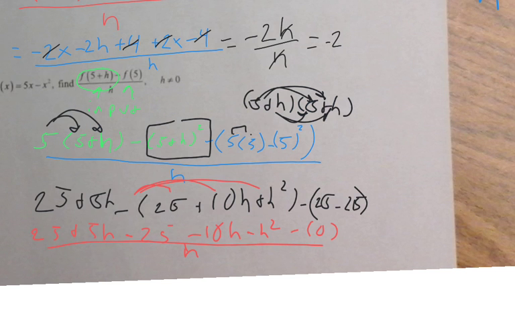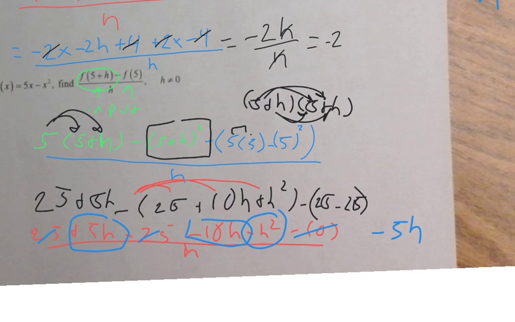So now we'll reduce. We have a 25 and a minus 25, that's 0, so that cancels. We have a positive 5h and a negative 10h, that reduces to negative 5h.